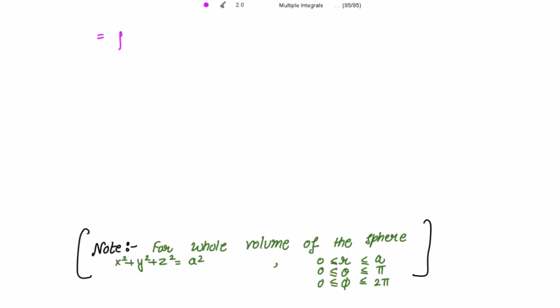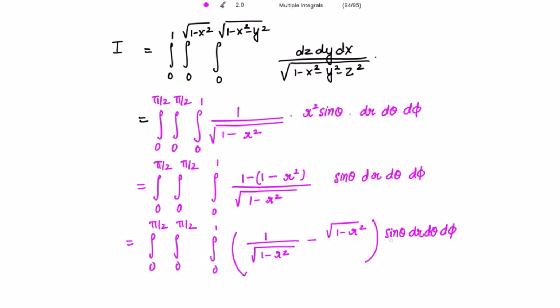Writing sine of theta first because we are integrating with respect to r, so sine theta is constant for this. What is the integration of 1 over square root of 1 minus r square? It is simply sine inverse r, and the integration of square root of 1 minus r square is r by 2 square root of 1 minus r square plus 1 by 2 sine inverse r.